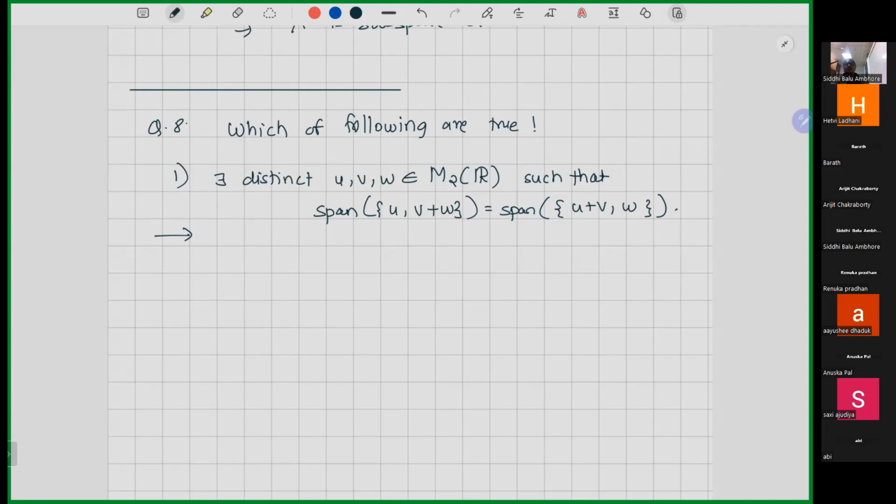So we just want to give the existence. It means that even if we give one explicit example, we are through. Can somebody give me three elements from M2(R) such that this holds? We want them to be equal.